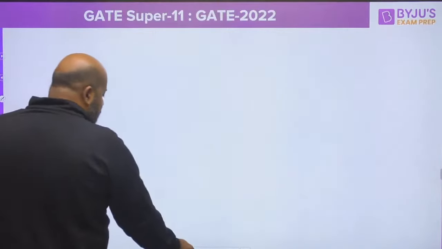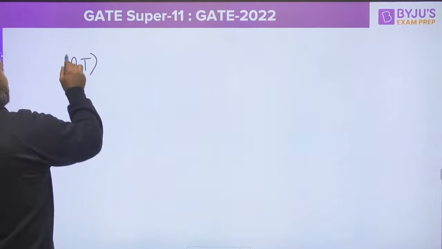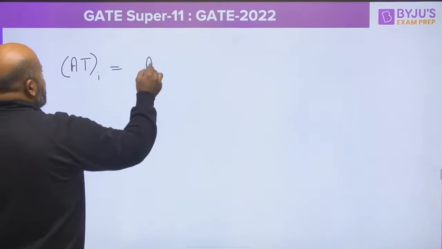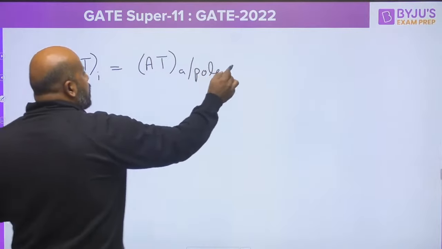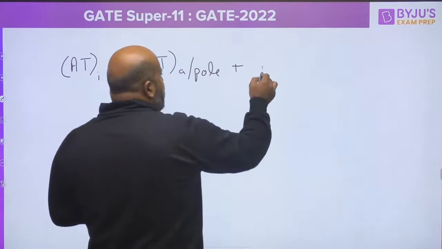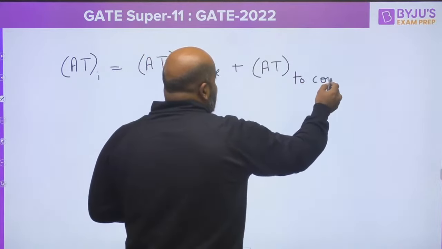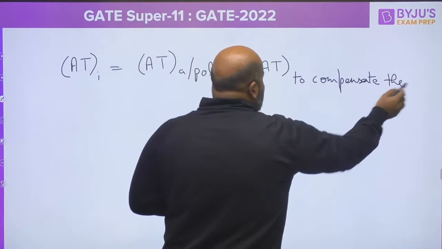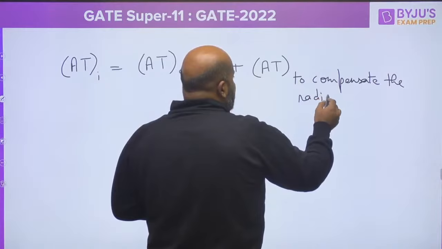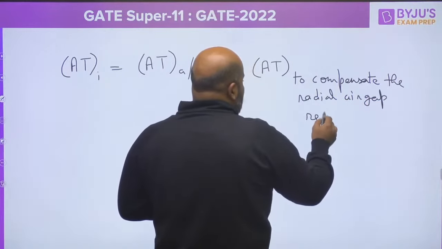So if I write the equation of ampere turns for the interpoles, it is going to be ampere turns of the armature winding per pole plus ampere turns to compensate the radial air gap reluctance.